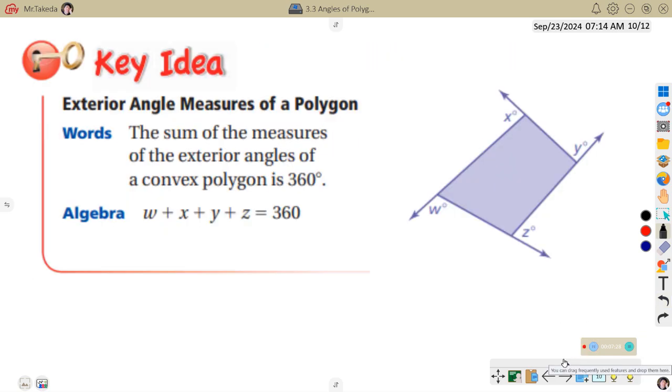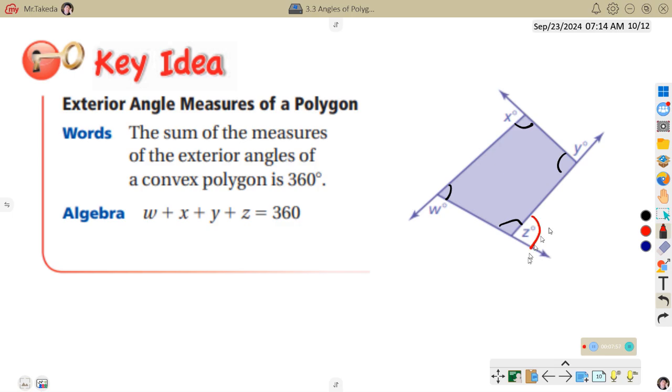We have this other key idea here, that the sum of the measures of the exterior angles of a convex polygon is 360. So again, for this quadrilateral, some kind of quadrilateral here, we have interior angles, and then we have exterior angles, right?